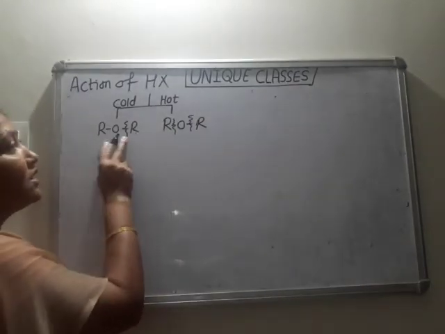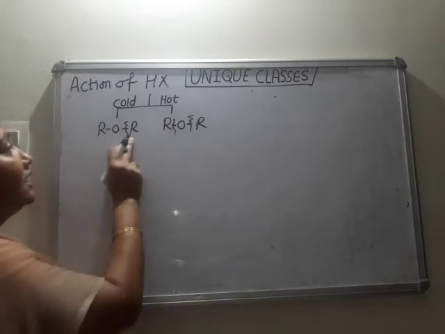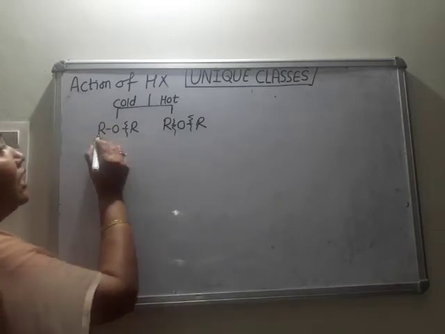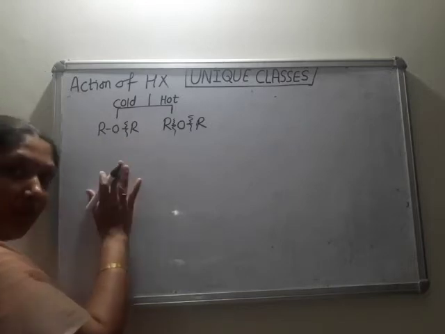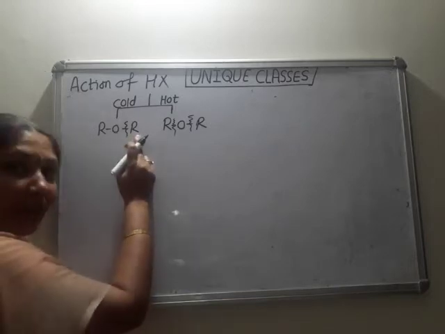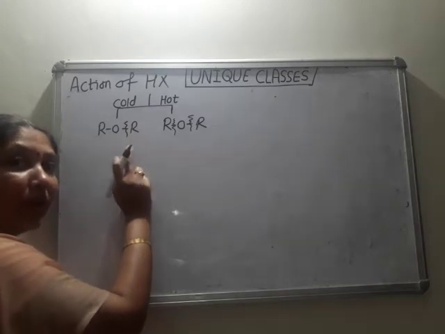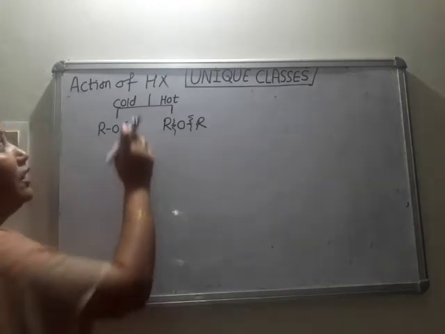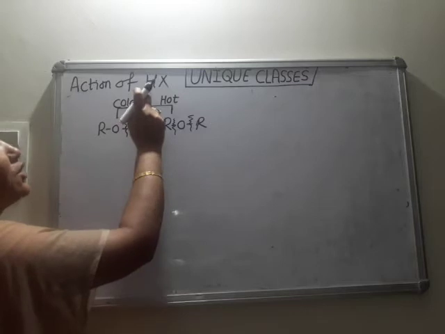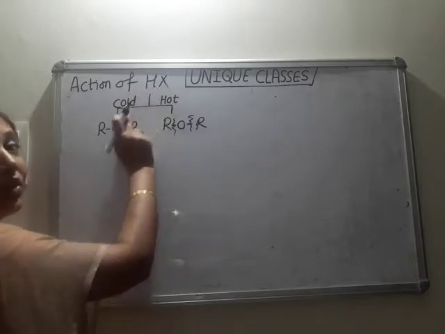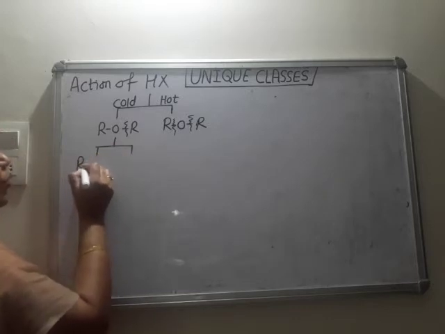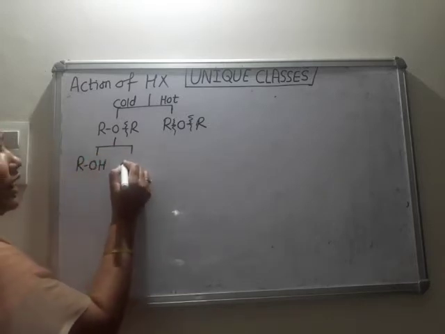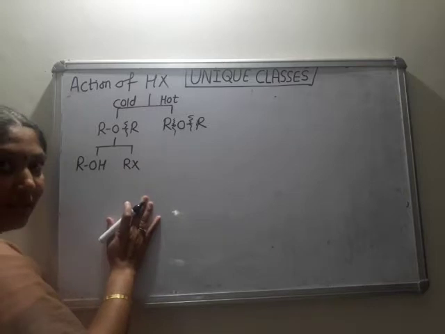If one CO bond breaks, then the alkyl group which is attached to oxygen forms alcohol and the other group forms alkyl halide. Means if ether reacts with cold HX, then we get two products: one is alcohol and the other is RX.